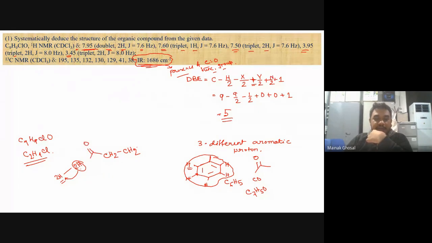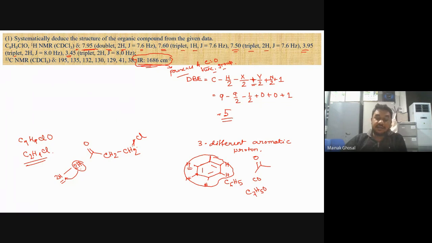So this is the probable structure: C double bond O is connected to this. If you have seen the keto methyl group, the methyl which comes at nearly 0.9 is shifted to 2.1, 2.2. Here, where you see the peak at 3.95, it increases so much because it is attached to another electronegative element which also takes electron density.